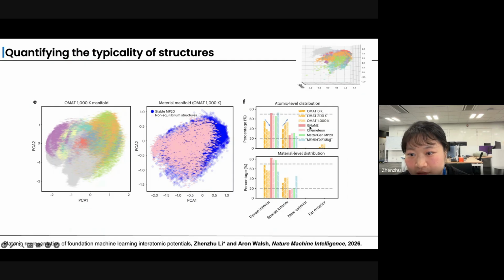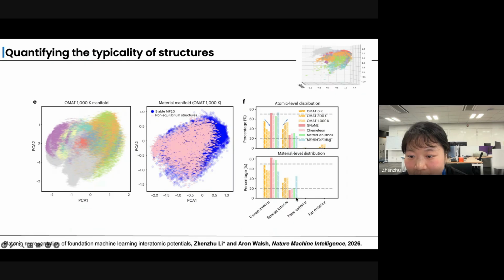And then we check the different generated structures from GenMS, Chameleon, the MatterGen models, and their conditioned models. We can have the manifold of all the atoms, right? So that's the atomic level distribution. We can also have the manifold for the materials, which are built from all the atoms. So we have the materials level distribution, because for the generated structures, we care more about the materials level.